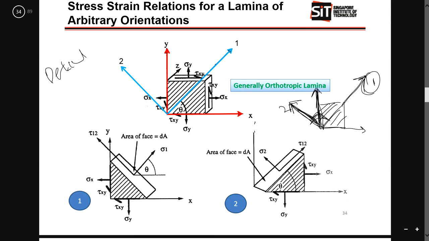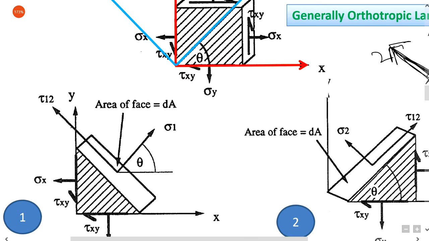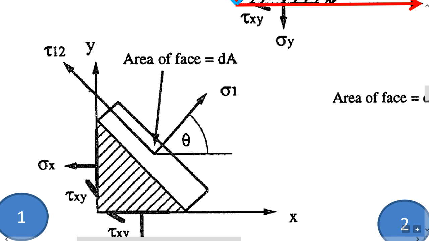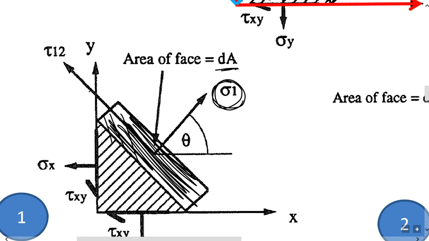What's important on this page is that the area of the face equals dA. The area of the face is this particular shaded area, because your stress is going to be applied in this direction. Stress is normally force over a certain perpendicular area, which is this plane, and therefore this is very important.